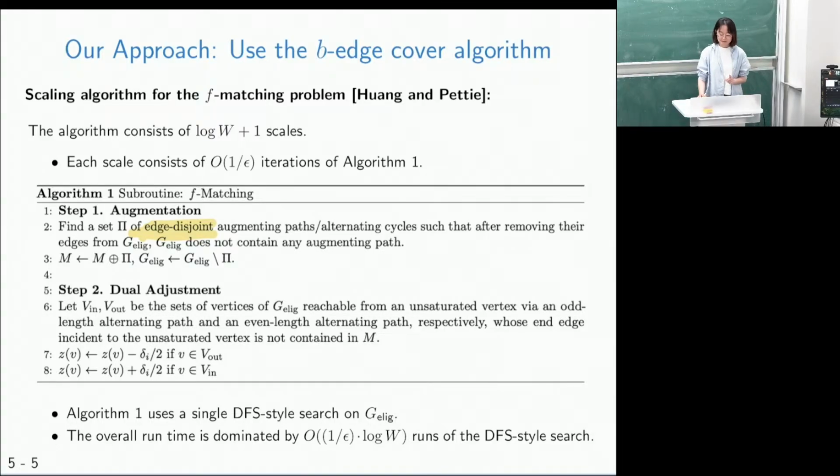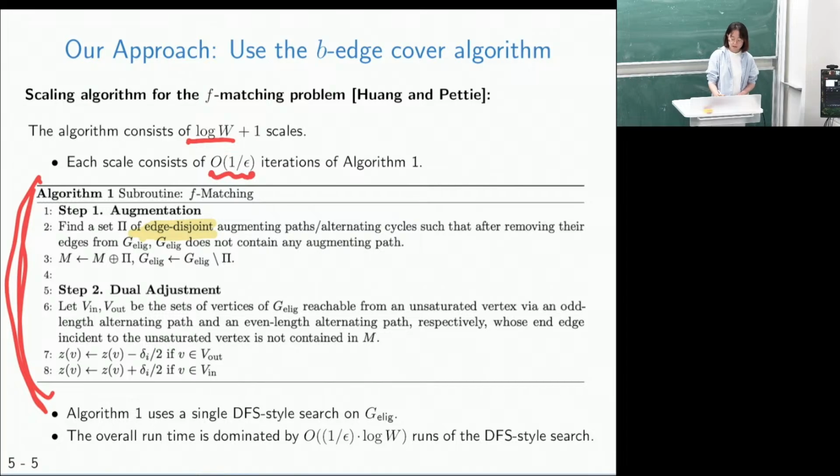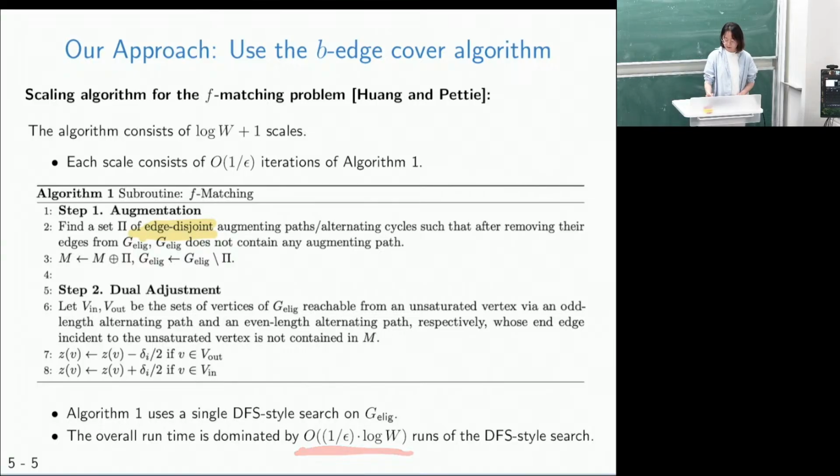And one important thing is that this algorithm uses a single DFS-style search on the eligible graph. And we repeat this procedure log W times order of 1 over epsilon times. So the running time is dominated by this number of runs of the DFS-style search.